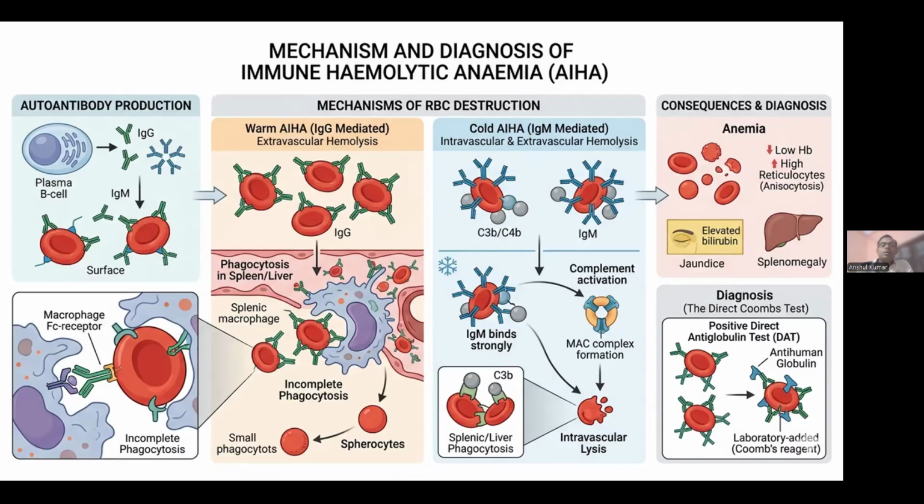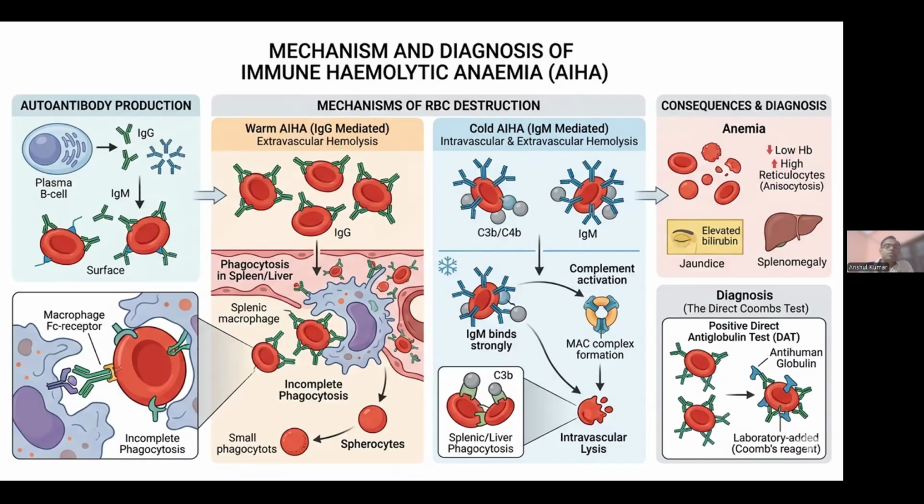And finally, we know that as more and more red blood cells are destroyed, there is more activation of spleen cells, because it is the graveyard of RBCs, where RBCs are destroyed, and as such there is an enlargement of the spleen. Moreover, you can see the second one here, which is the case of warm AIHA, that is the IgG antibody.